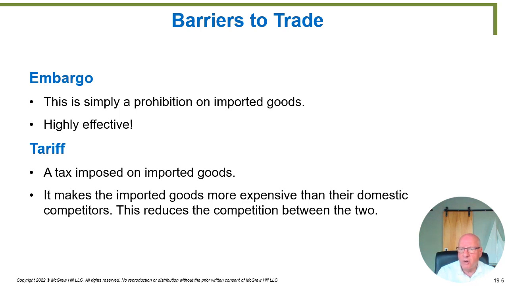So the Ford Escort, or let's see, I can't think of the name of the small Ford car. It's just escaping my mind at the moment. But Chevy also has a very small car. Those cars would now be competing at the $20,000 price, but the Toyota Corolla would be at the $27,000 price. And while a few people will go ahead and pay the extra money to get the Toyota, I think you all recognize Toyota sales of Corollas would fall dramatically. And that would be the purpose of the tariff.